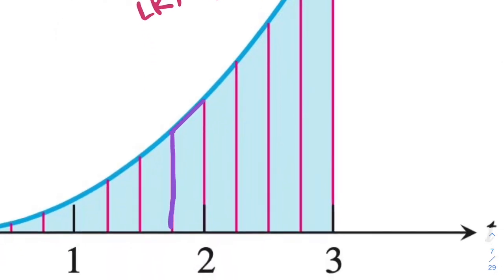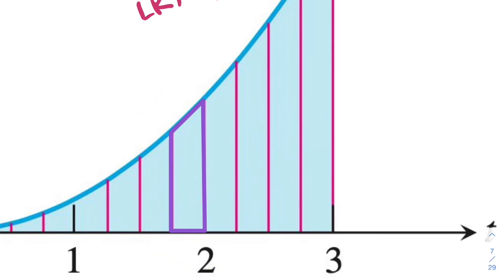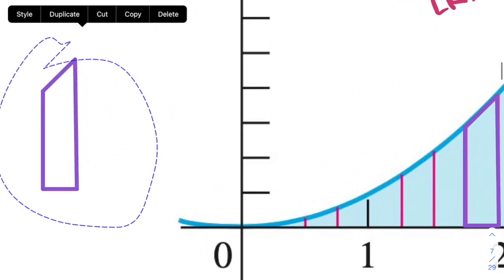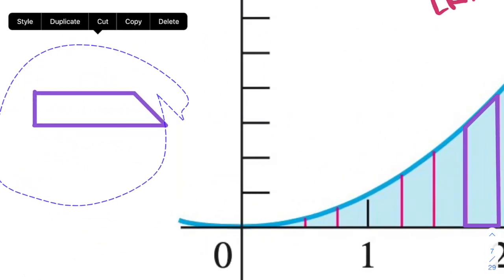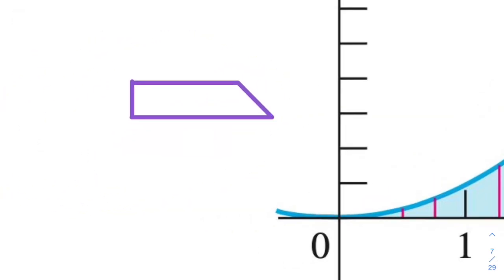What I have is this figure right here. That is not a rectangle anymore, right? What kind of figure is it? Well, it is actually a trapezoid, right? Do you see that? Let me turn it. It's a trapezoid. Okay?